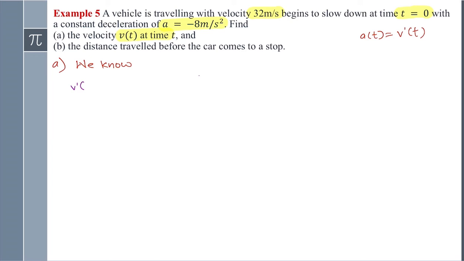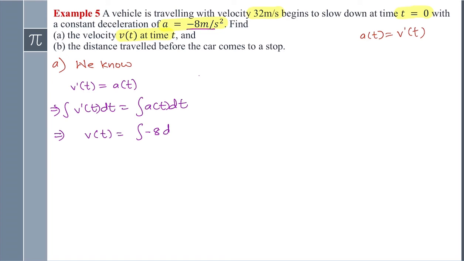So v prime of t equals a of t. Now if we integrate, this implies the integral of v prime of t dt equals the integral of a of t dt. Now when we integrate v prime of t, we just get v of t equals the integral. Now the acceleration is given as negative 8, so just write negative 8 dt. Now we get v of t equals negative 8t plus a constant.